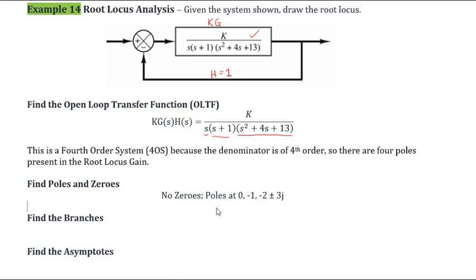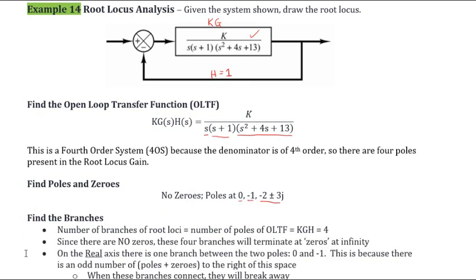Note that I don't show any work here. There's the S term, this is the S plus 1 pole, and then the S squared plus 4S plus 13 is the minus 2 plus or minus 3j term. The assumption here is that you can find that using the quadratic formula, which you should have no trouble doing.